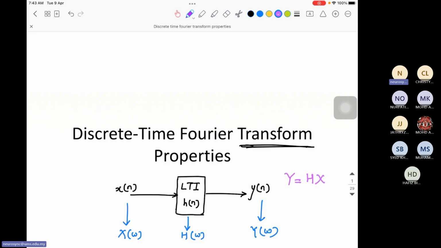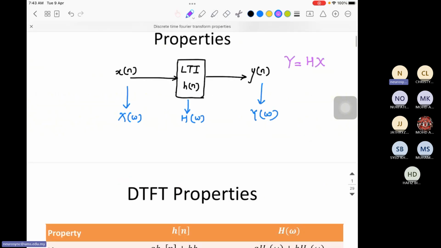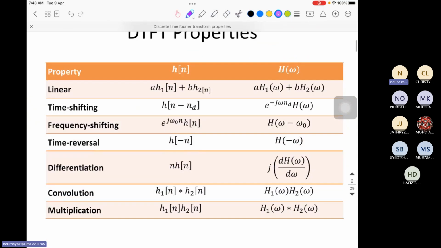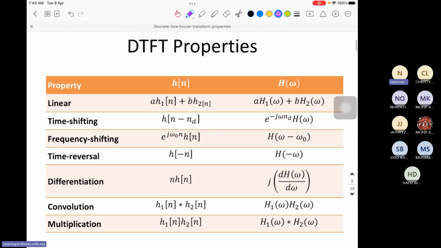Now today we will go through some properties of this. These are the properties you can see here, the list of properties: the time domain representation and the frequency domain representation. This DTFT is basically linear. Linearity means it should follow two principles.